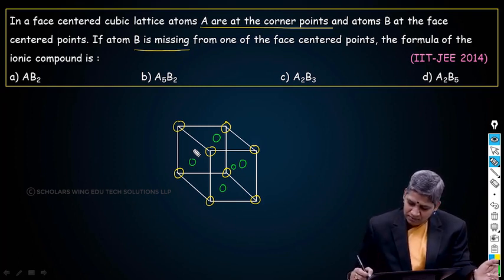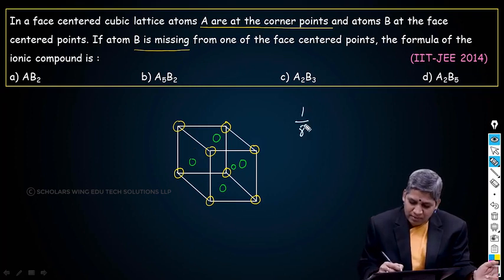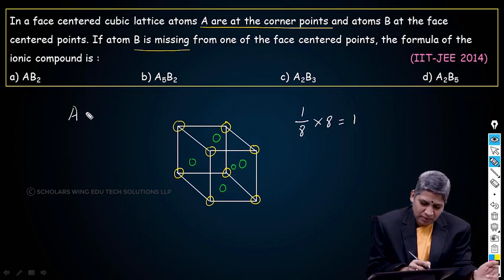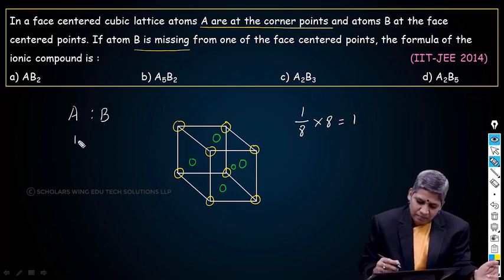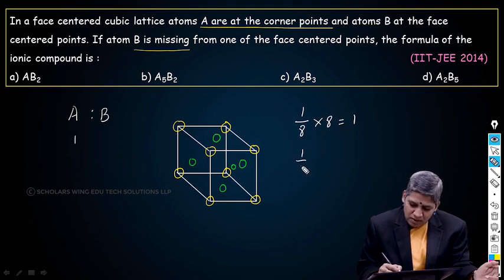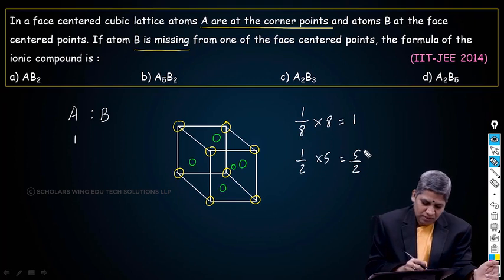Now tell me, A at the corner points. So simple calculation. Contribution made by the corner fellow is 1 by 8. There are 8 such atoms, that is A. So it is 1. So if you have to take the ratio between A and B, A is 1 and B, contribution is half, but there are only 5. Therefore, it is 5 by 2. So B is 5 by 2.